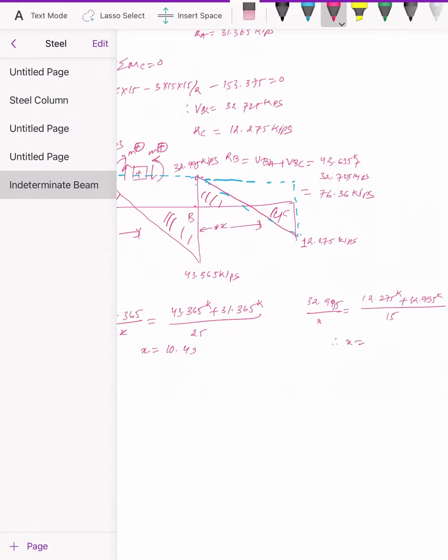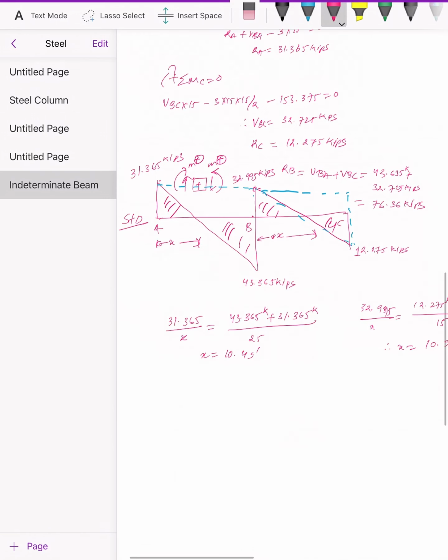This comes out to be x equals, let me solve, I'm using a Casio fx-115ES, 10.93 feet. This is the distance in feet.